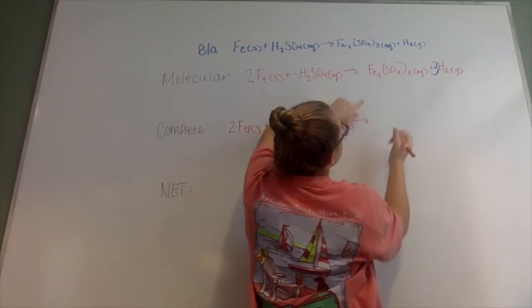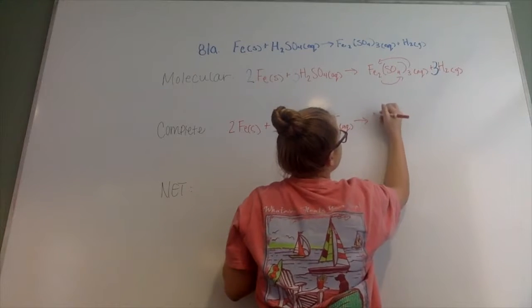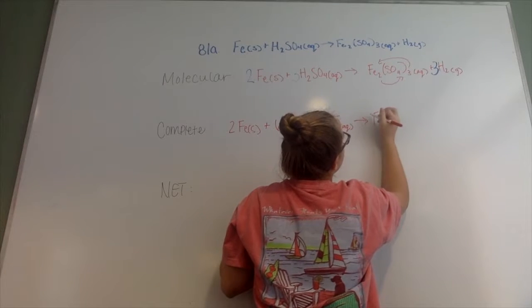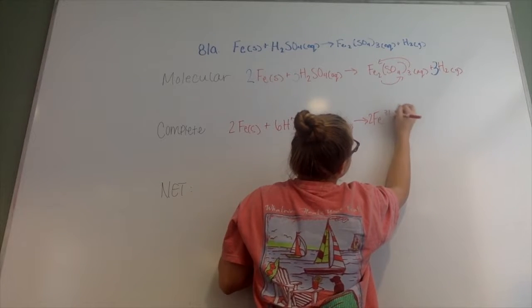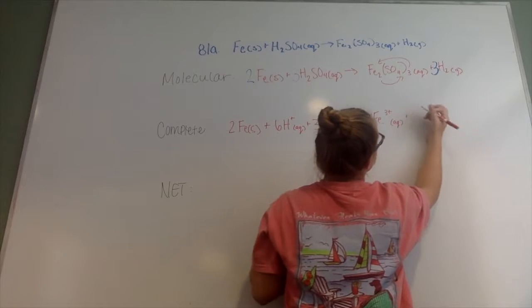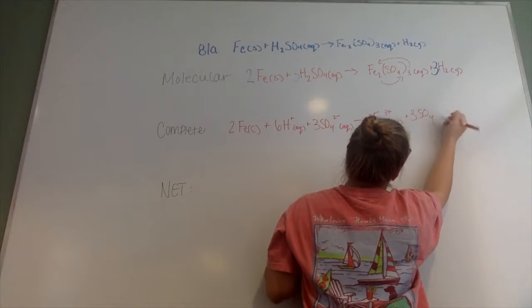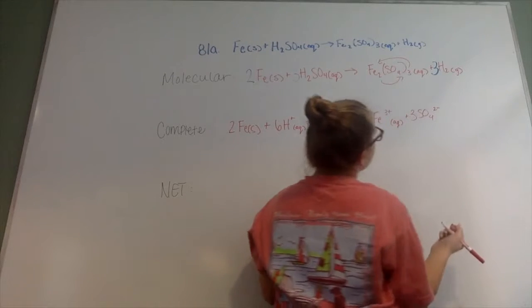We take these and switch them to get the charge. So we have 2 Fe3+ ions, which are aqueous, plus 3 sulfate ions, which are 2-.